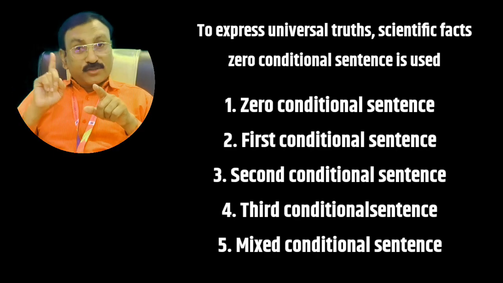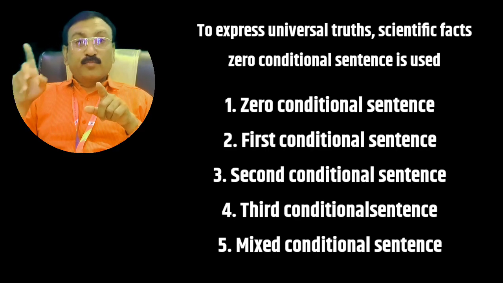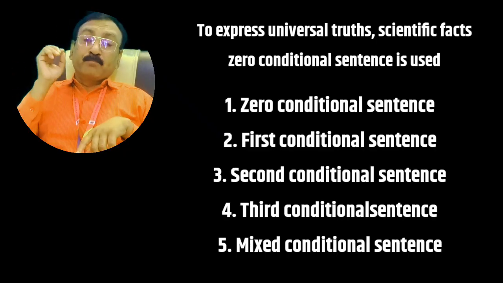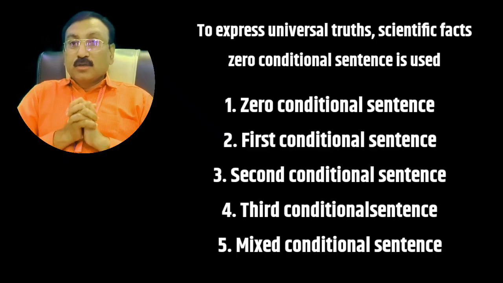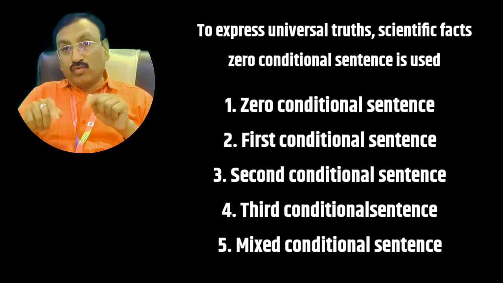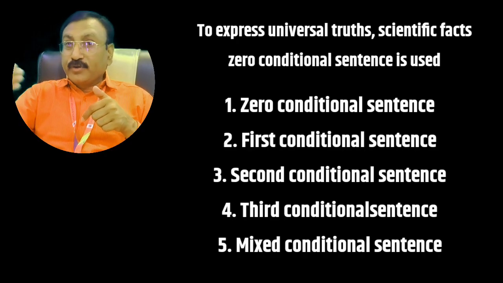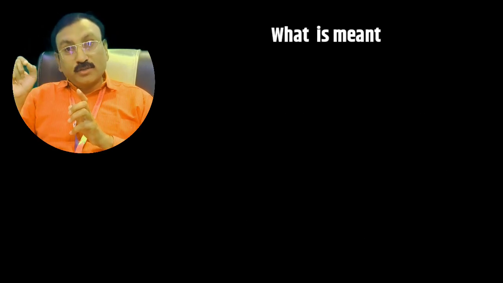The third type is the second conditional sentence, the fourth type is the third conditional sentence, and the last one is the mixed conditional sentence. So I am going to explain all these types of conditional sentences in different sessions or videos. But today I am going to explain the zero conditional sentence.